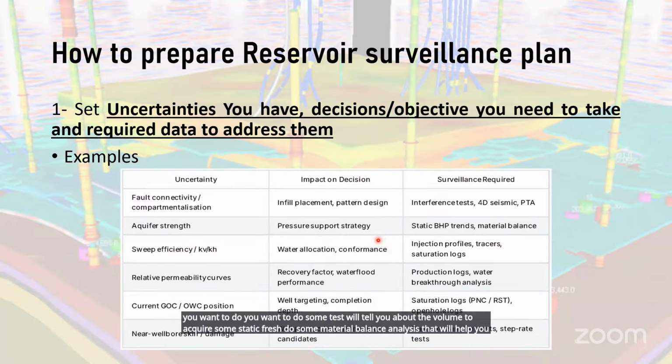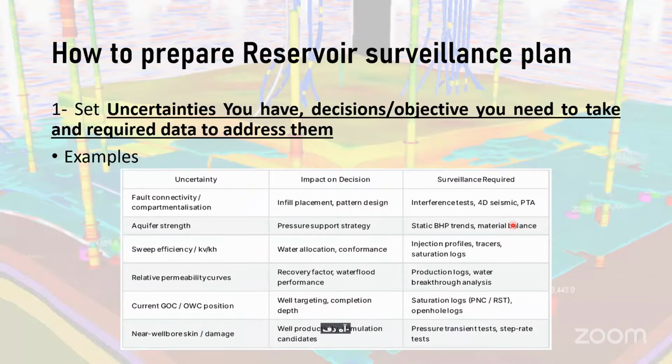Maybe you have some problems related to the sweep efficiency. You have new wells having oil intervals, however, after a short period of production, you have increasing water cut. So you want to enhance your information about the anisotropy between the vertical permeability and the horizontal permeability, and also the sweep efficiency of the water against the oil. Maybe you have water injection and you want to enhance the sweep efficiency.